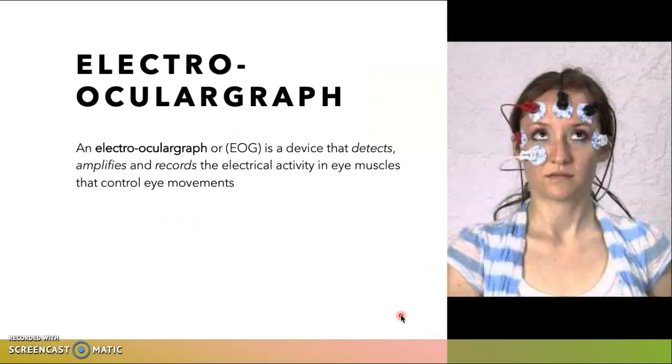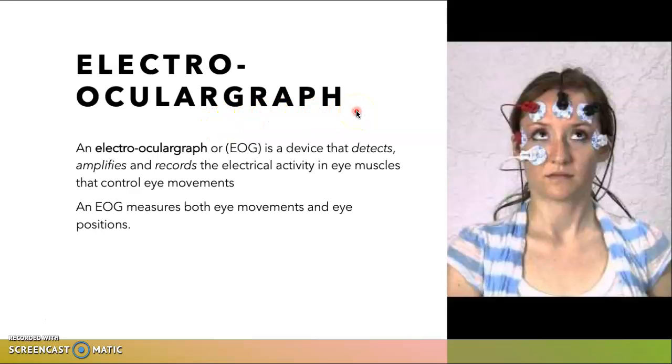The electrooculograph, the EOG, again, a device that detects, amplifies, and records electrical activity, but this time in our eye muscles. So if we break this word up again, electro-ocular graph, electrical activity, ocular referring to eyes, like a binocular or monocular, and then again that graph.